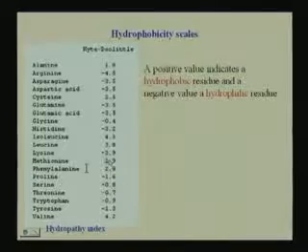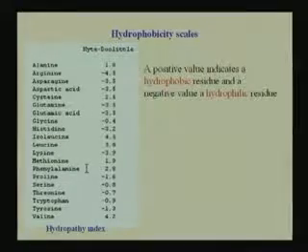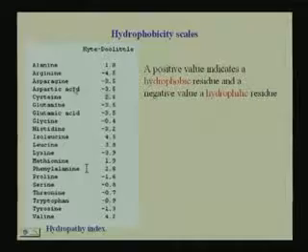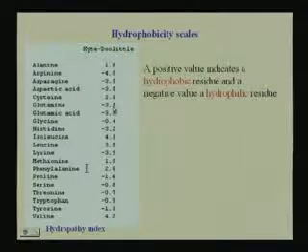Look at the negative ones. Lysine. Lysine is a positively charged amino acid residue. It has a positive charge, but a negative hydropathy index indicating that it is a hydrophilic residue. It would rather remain on the surface of the protein than be embedded in the protein. Aspartic acid, arginine, glutamic acid, glutamine, all of these are hydrophilic residues.